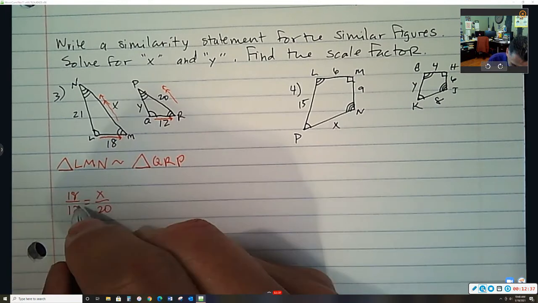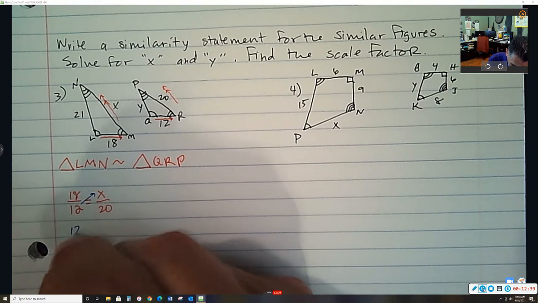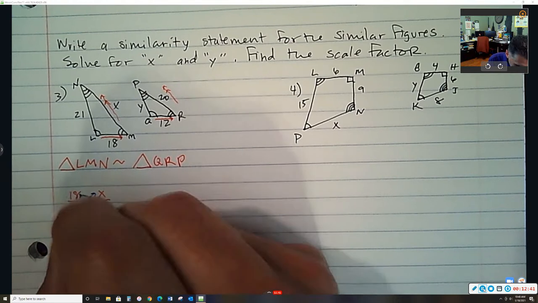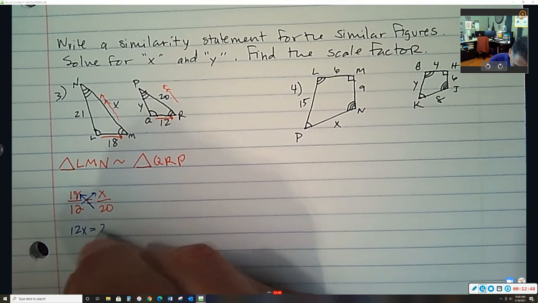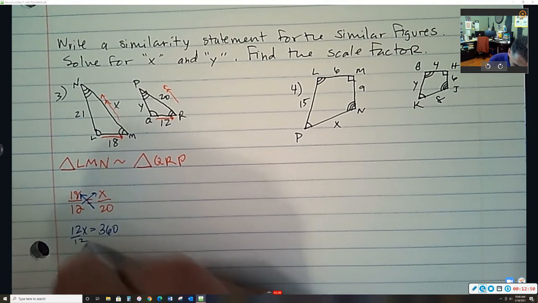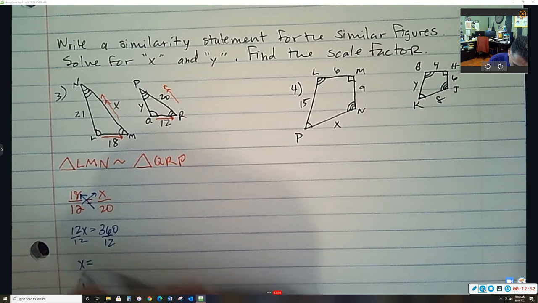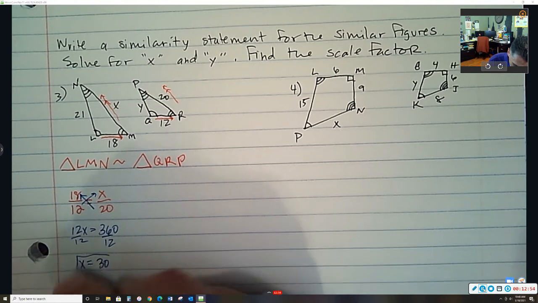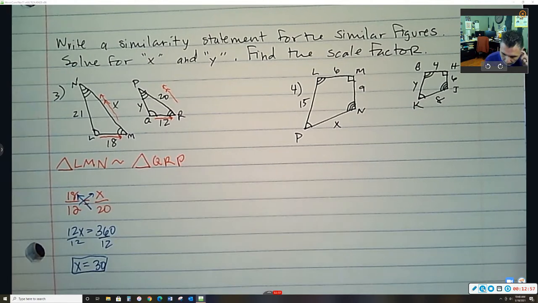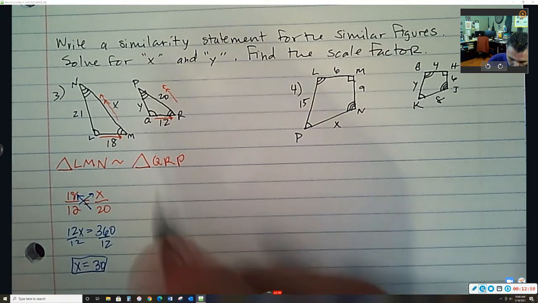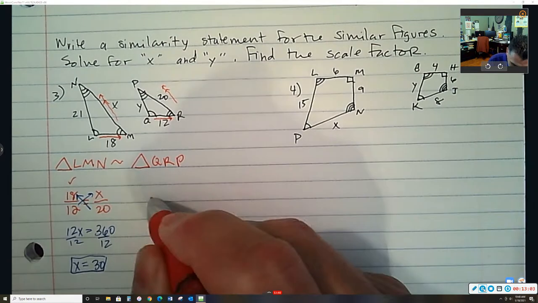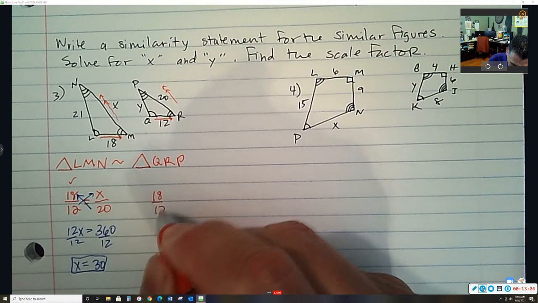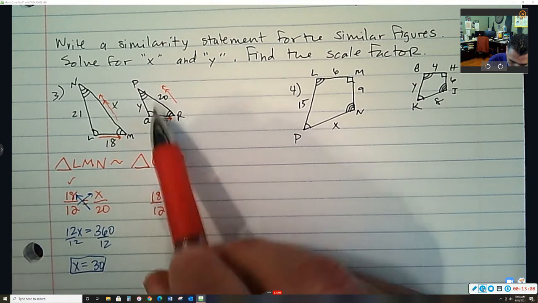Okay, cross multiply here, 12x, cross multiply here, 18 times 20, that's 360, and then divide by 12, x equals 30. Okay, and then to find y, the same thing. I can use that same ratio that I started with, but the second one will be different.